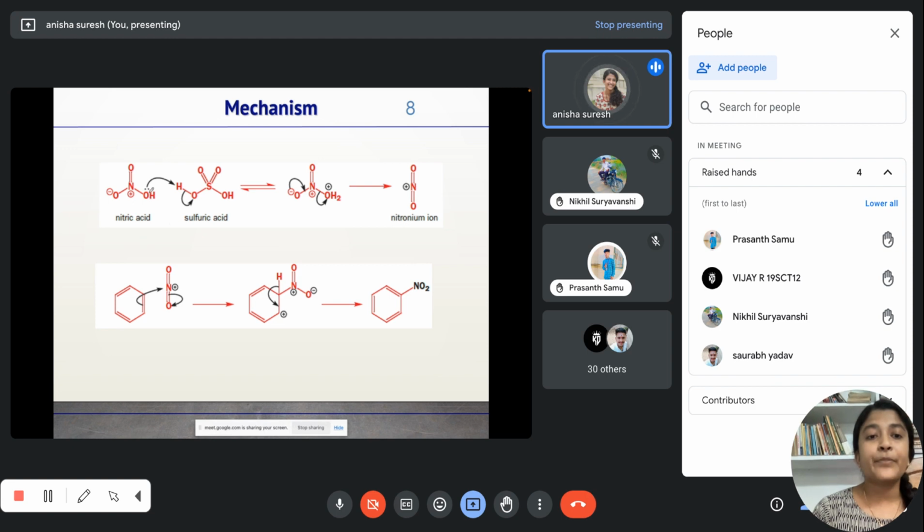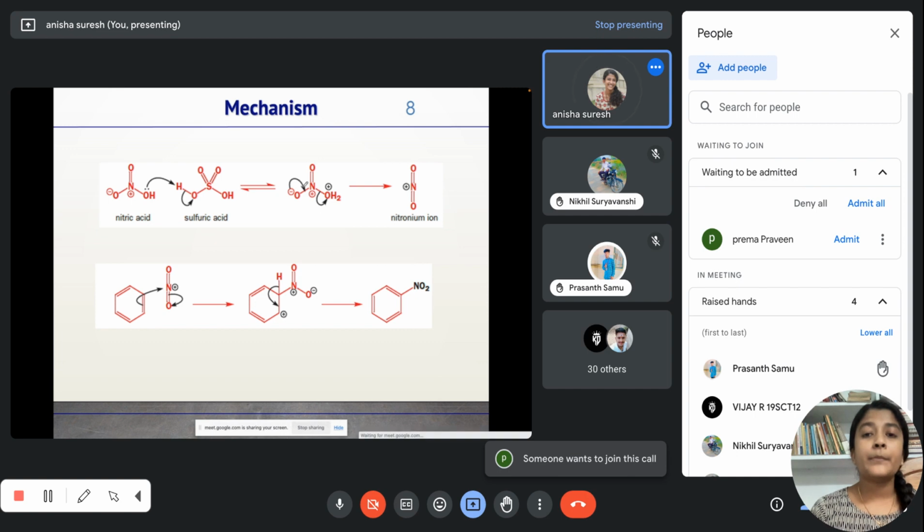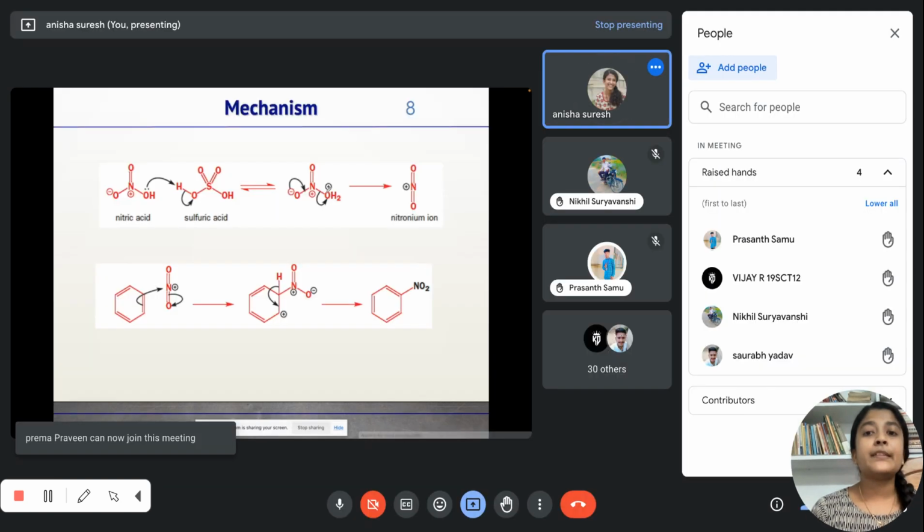The HNO3 oxygen lone pair will abstract the proton on sulfuric acid, leading to formation of HSO4 minus, and this species will be containing H2O plus, which is a very labile group. When the lone pair of oxygen falls here, this H2O molecule will be eliminated, leading to formation of nitronium ion.